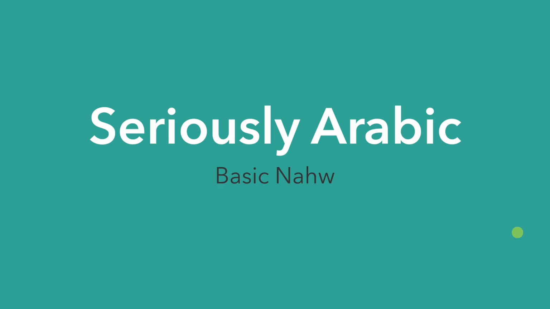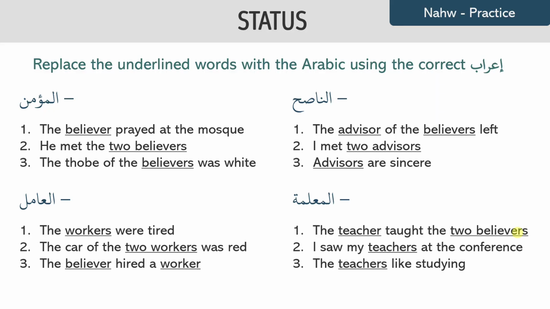And then you have ending sounds, which are your un and in, and then u, a, i. So make sure you learn the chart and you understand how to recognize the i'rab as well as the halat of each word in Arabic, because we're starting off with an exercise today which will help us solidify that knowledge.